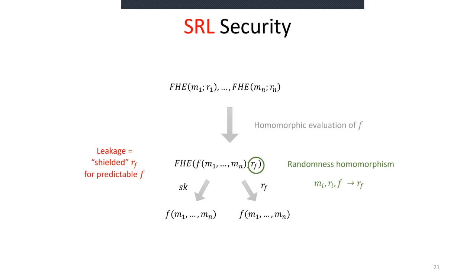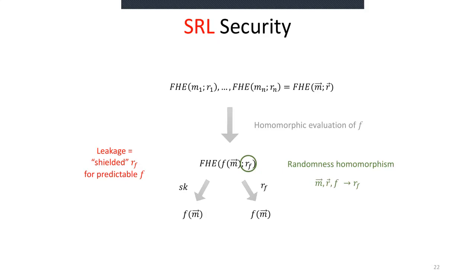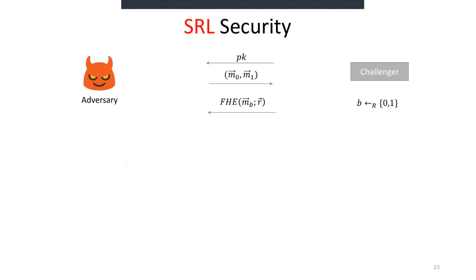All right. So just some notation, instead of writing this concatenation of bit encryptions, I will write it like this. And now I will give you the actual definition. It starts off like the CPA security game between an adversary and a challenger. The adversary, after getting the public key, chooses a pair of messages, and gets back the encryption of one of the messages chosen at random.